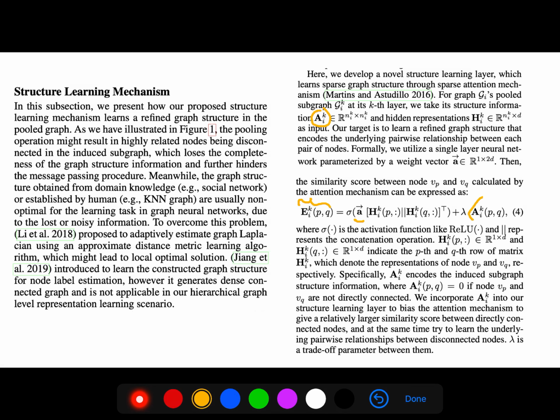So here we get the adjacency to the power of k, which represents all of your random walks of length k. But sometimes when the graph is too large, calculation of these matrices is computationally expensive.